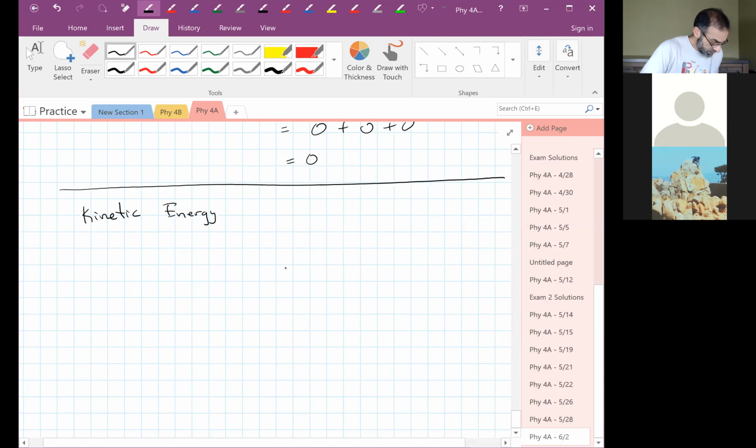So I've got, okay, these are massless rods, and this is our axis of rotation.